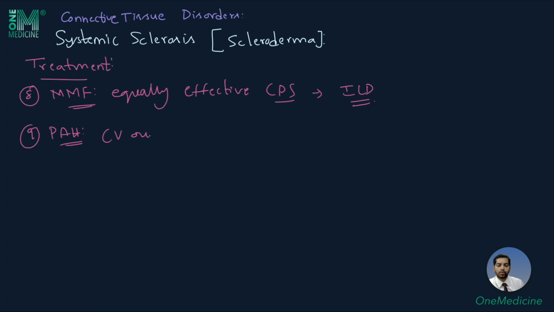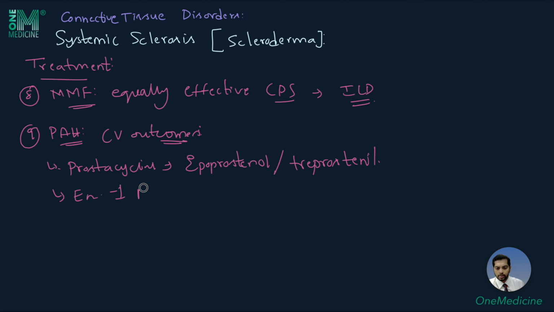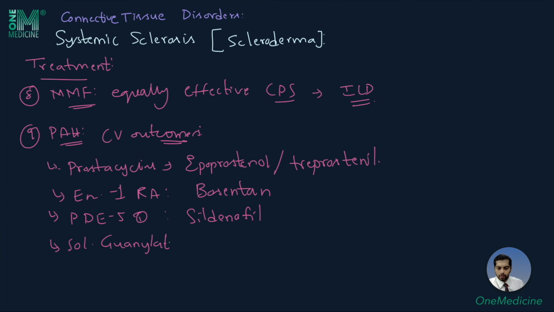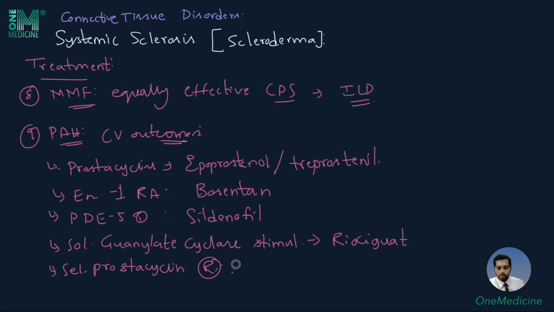To improve the cardiovascular outcomes, the following medicines have been tried: prostacyclin, that is epoprostenol or treprostinil; endothelin 1 receptor antagonist, that is bosentan; phosphodiesterase 5 inhibitor, that is sildenafil; soluble guanylate cyclase stimulator, that is riociguat; selective prostacyclin receptor agonist, that is selexipag.